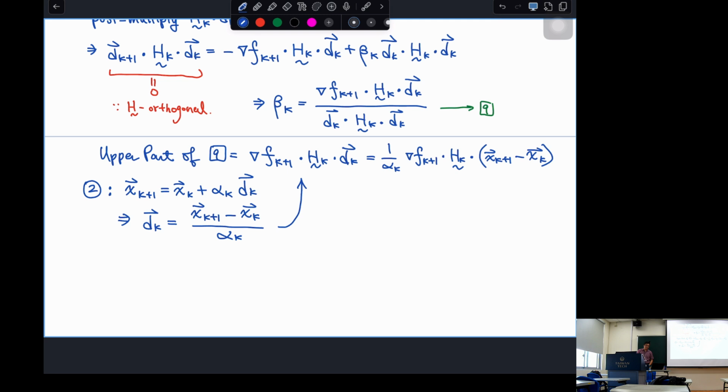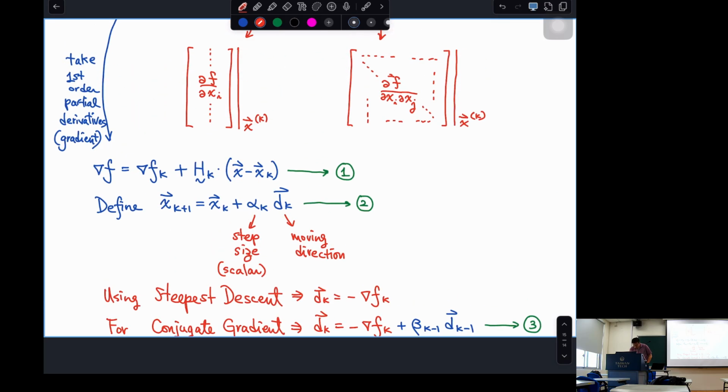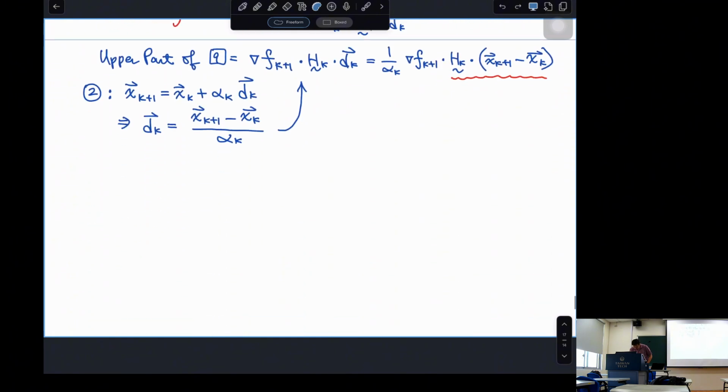And then, what else? Over here, this guy can be rewritten as something else. What is it? From equation 1. Let me copy equation 1 and paste it here.